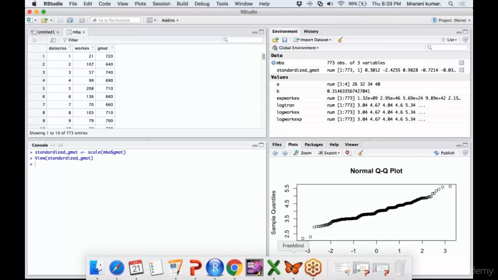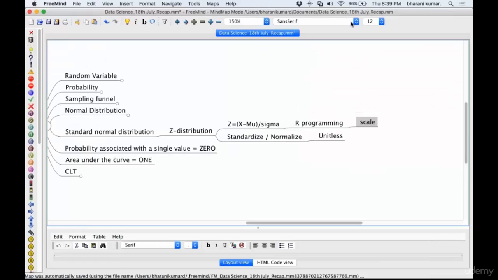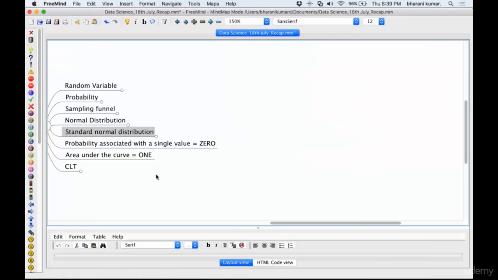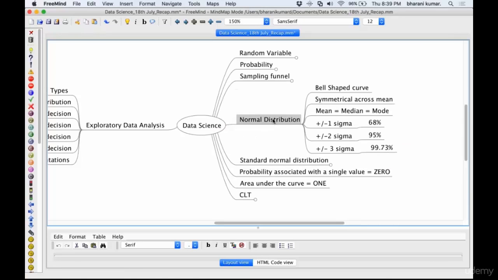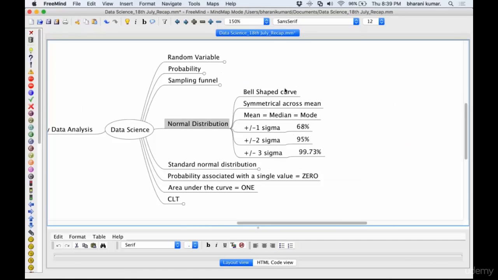And we have also discussed normal distribution. What is a normal distribution? It is a bell-shaped curve. It is symmetrical across the mean, equal to median, equal to mode. And you have the three empirical values: plus minus 1 sigma, 68% of the values would meet your customer requirements, right?